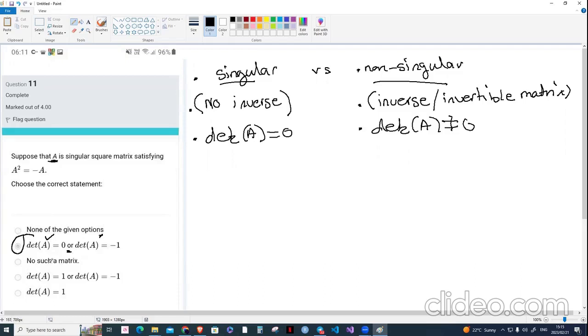This one is not our best choice, because they just gave us this matrix. Determinant of A is equal to 1. No, it's not true. So this statement is false. Determinant is equal to 1. This one is also false. So this was the correct option here. And we move on to question 12.